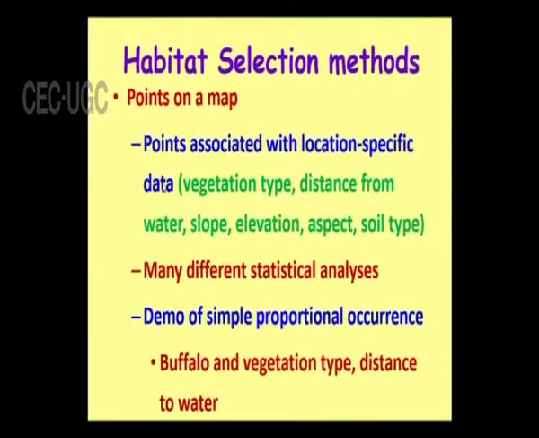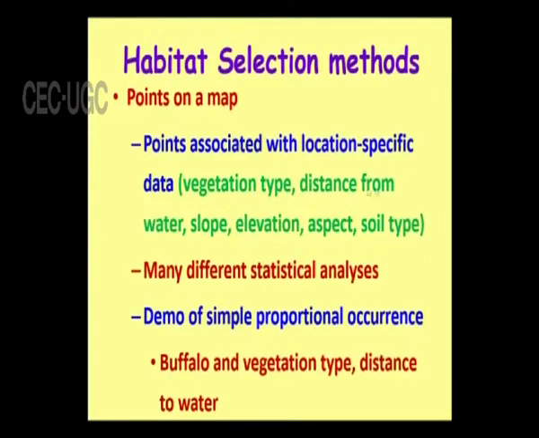Now, another layer that we are adding, because we are defining the habitat, and therefore what are the vegetation, the temperature parameter, and so on and so forth, all that we are adding: the vegetation type, the distance from water, slope, elevation, aspect, soil type, layer to layer, and finally we are arriving at some conclusion about what is the habitat. And now, we can do any type of statistical calculation, and let us discuss one or two statistical analyses.